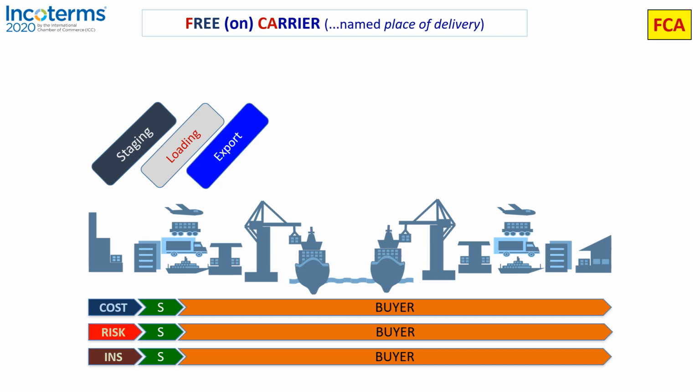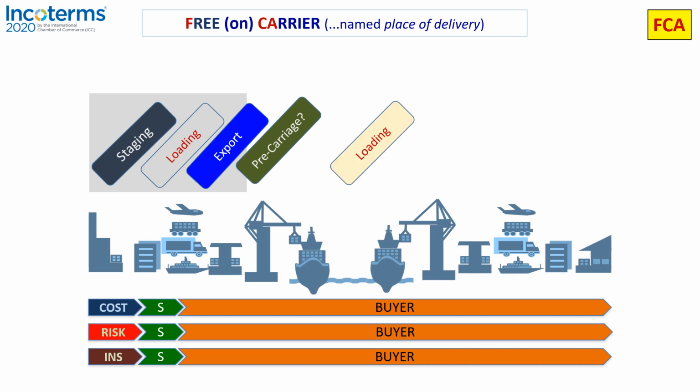The second point where the confusion was in Ex Works was export clearance. In FCA, it is very clearly defined that export clearance is the seller's responsibility. And then everything else is the buyer's responsibility. So right from pre-carriage, I'll come back to that in a minute, put a question mark there.